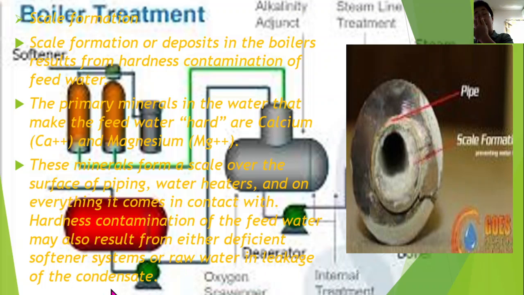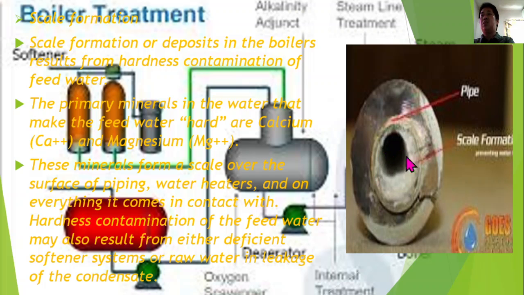So this is the example of fouling or scale formation. This is your boiler pipe, and as you can see here, there is just like a stone build-up inside of the boiler. For example, your boiler tube has a nominal diameter of 2 inches, or 3 inches, and it will now become 0.5 inches.